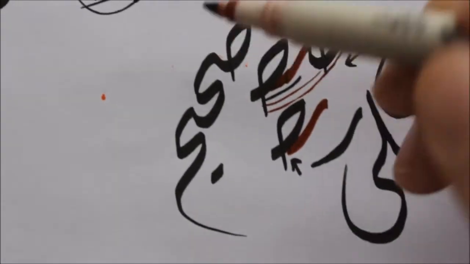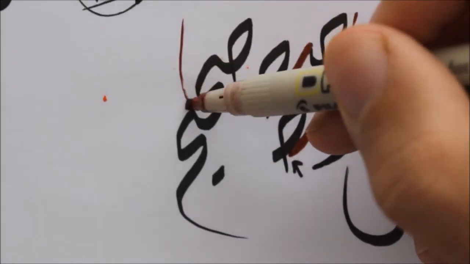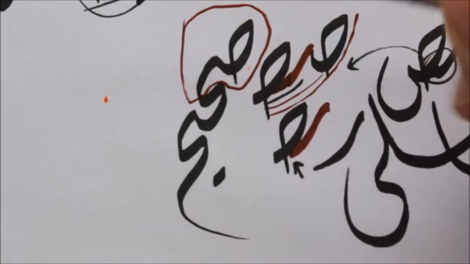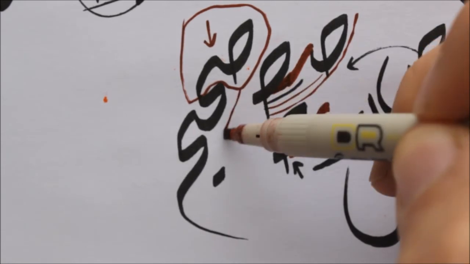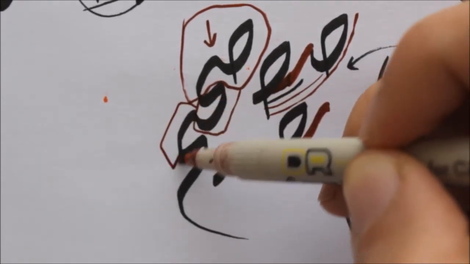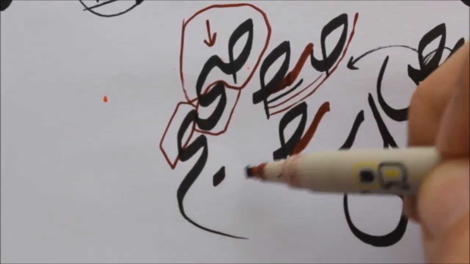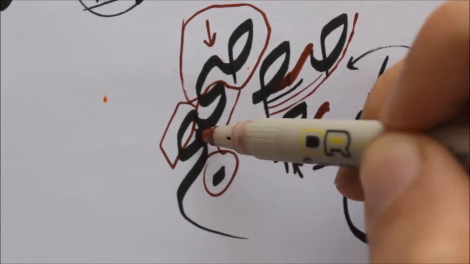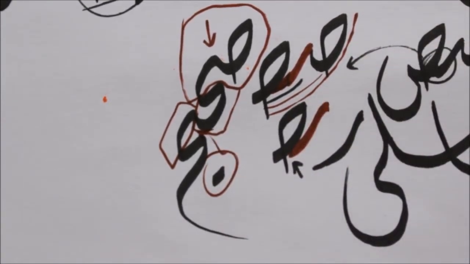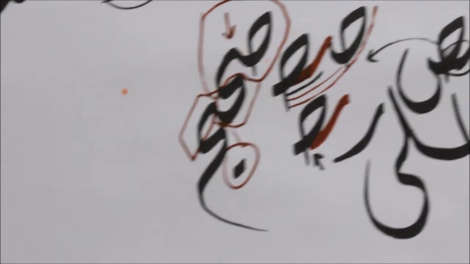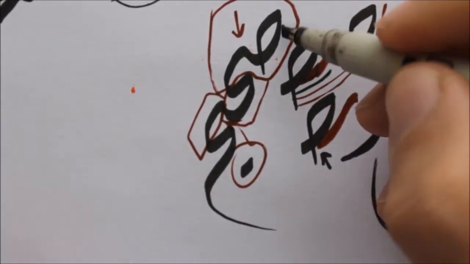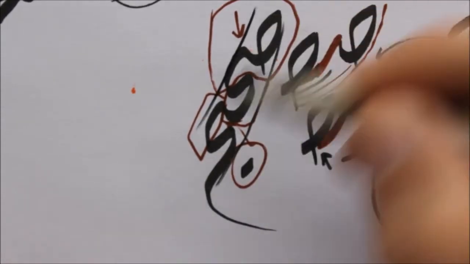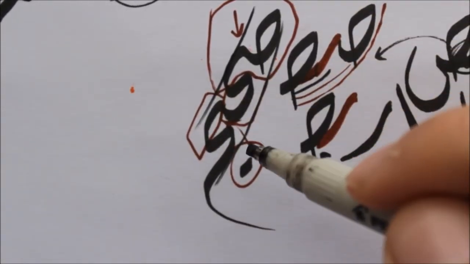So sahih, we've got the sad up to here. This nabira is for the sad. Then we've got the ha. Then we've got the ya. The ya is here. Then the other ha. The dots are for the ya. Hopefully it's clear. Practice the sahih word because it helps you to arrange your writing and see how the angle works for this script.